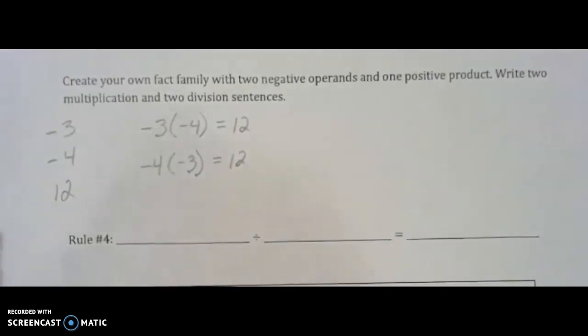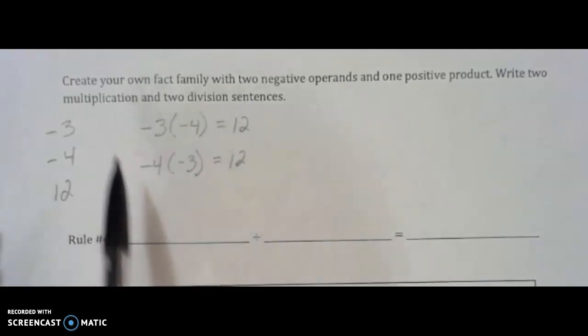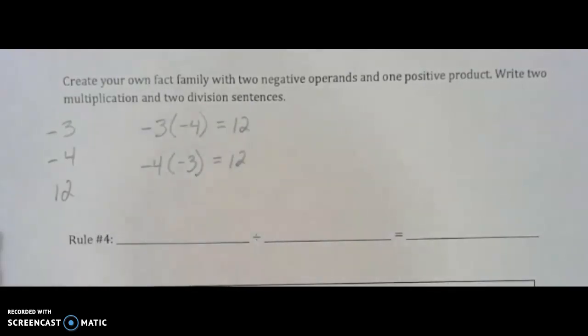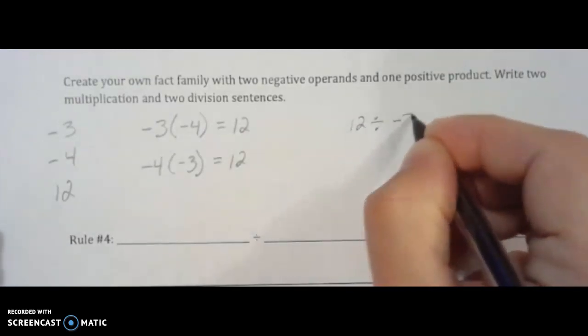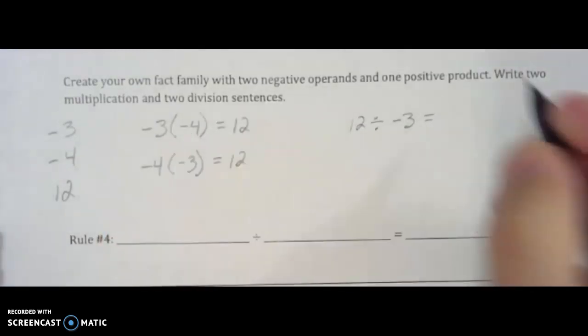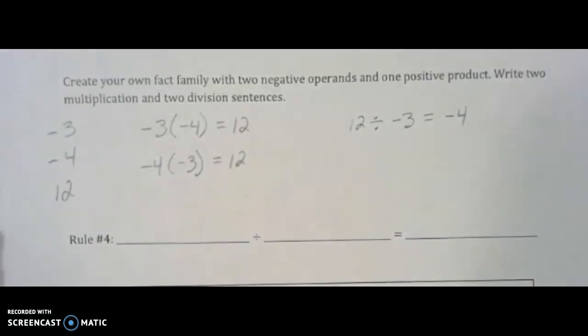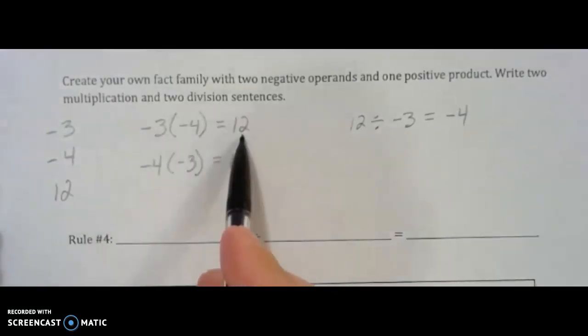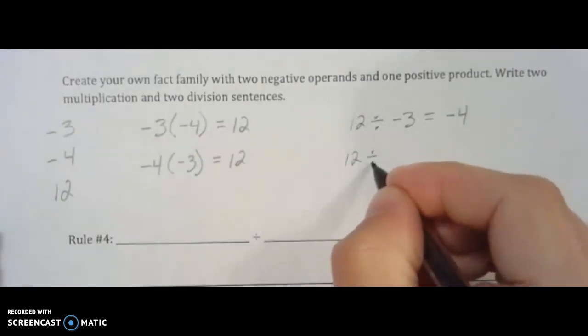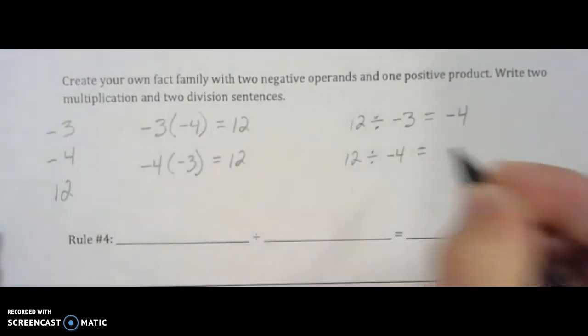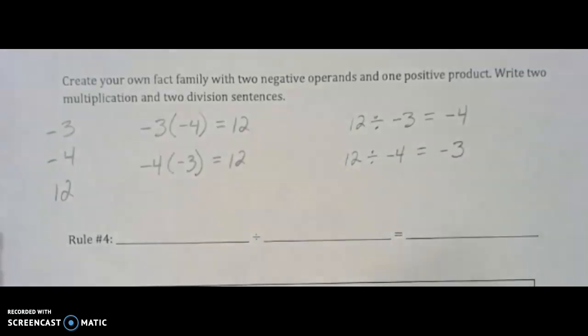Okay, and now based off of these multiplication facts, I'm going to create my two division facts. If I take 12 and divide it by the -3, then my answer has to be equal to -4, since -3 times -4 equals 12. Similarly, if I start with the 12 and divide it by the -4, that's going to give me an answer of -3. Again, because -4 times -3 is equal to 12.